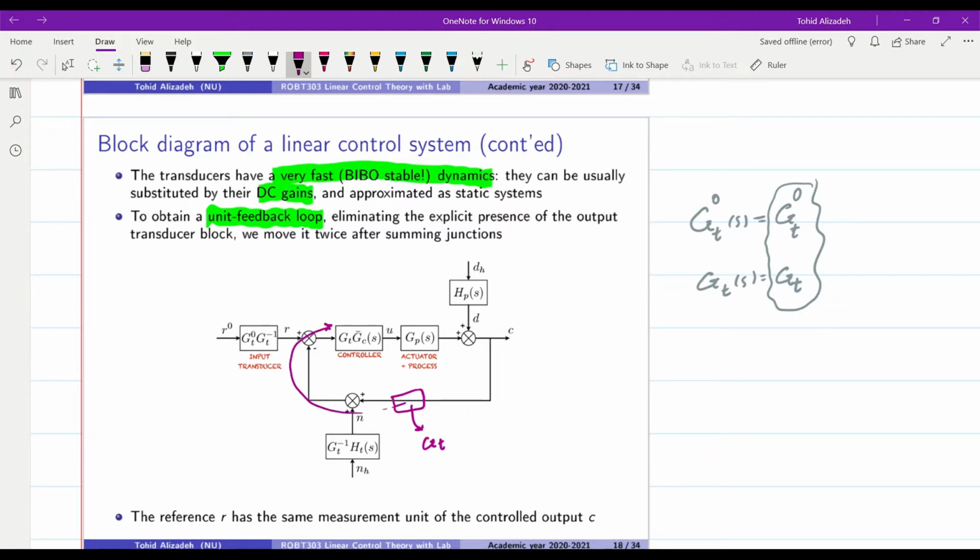That's why you see GT appearing here, which is multiplied by GC of S, which is a controller. So it has moved after the first summing point and then after the second one, and in order to follow the rules that we have for moving the blocks after the summing point, we see that it appears here in the form of GT inverse and GT inverse over here.